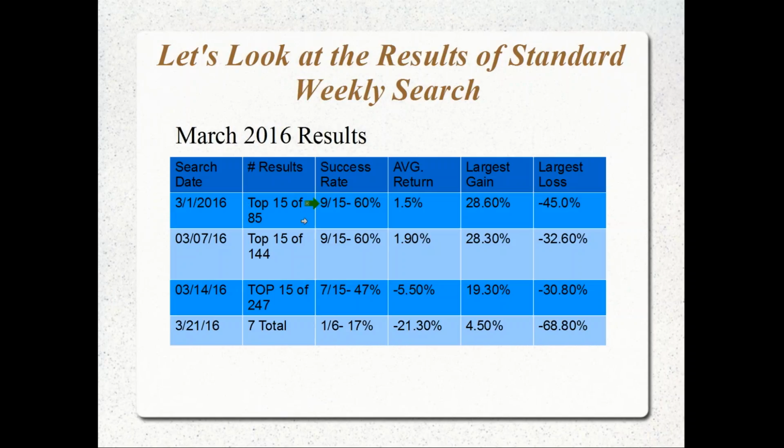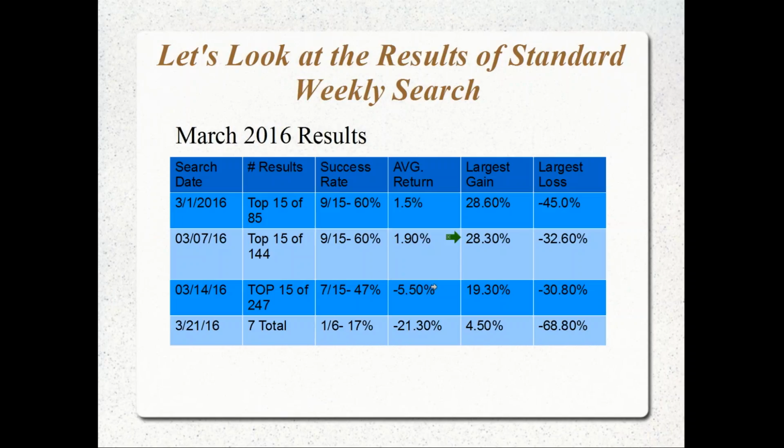60% of those were successful, but the average return for the 15 positions is only 1.5%. The largest gain was leverage, as we'd expect, at 28.60, and the largest loss was at 45%. So it's not a good month, or not a good week. At expiration on 3/7, the Monday following expiration on 3/4, there were 144 results, taking the top 15, another 60% success rate, but only 1.9% average return of the 15 positions.